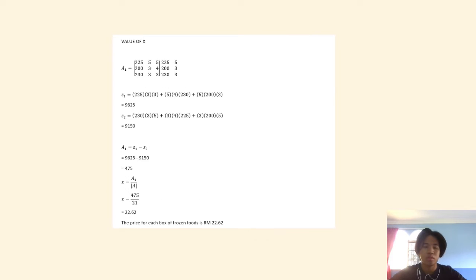So next we find the values of x, y and z. If we want to find the values of x, y and z, we must use Cramer's rule. So first, we need to write it like this.